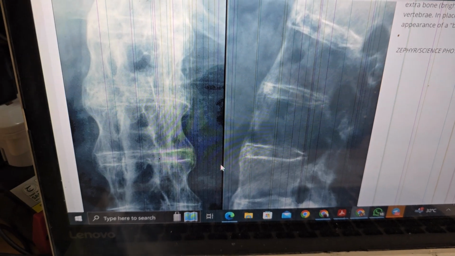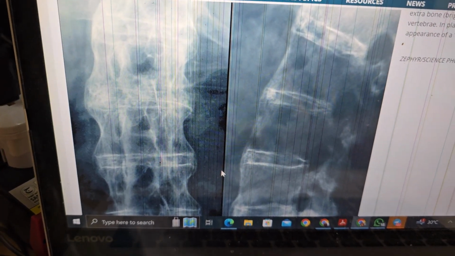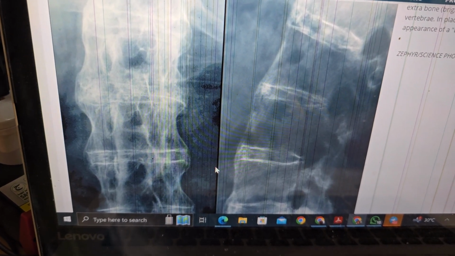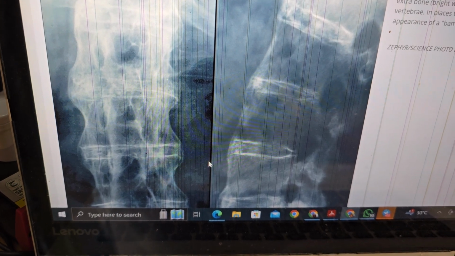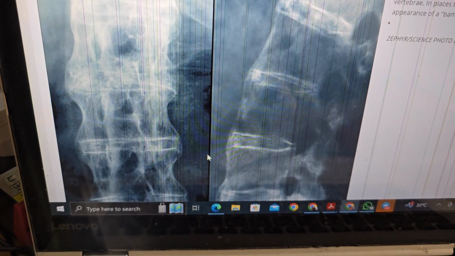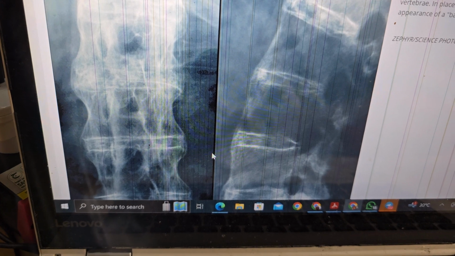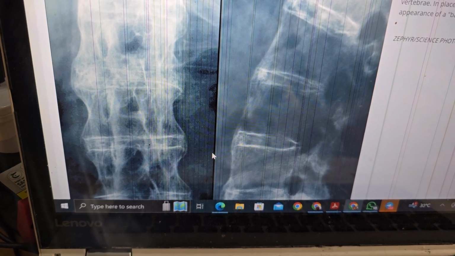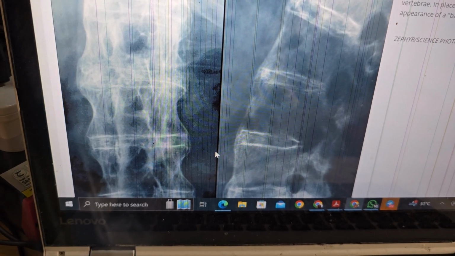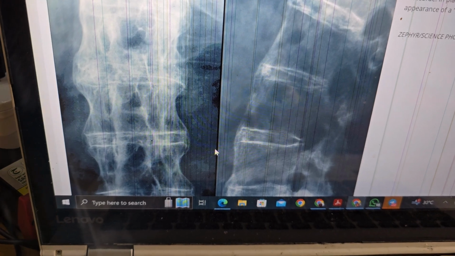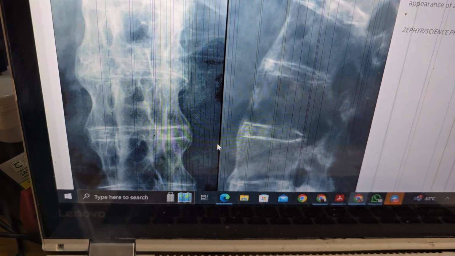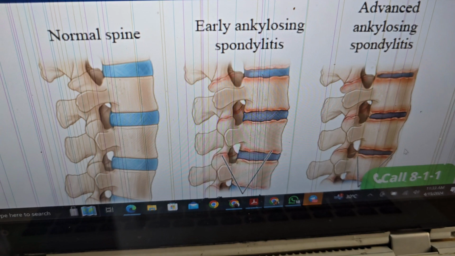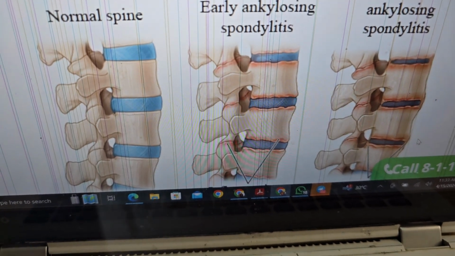This picture I also took from the internet, and you can appreciate the appearance of the ankylosing spondylitis X-ray, lateral and AP, and this patient presented with ankylosing spondylitis. This is a pictorial presentation.